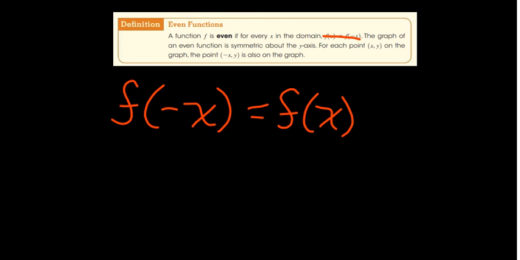Same thing, but it'll be so much easier to memorize. This is an even function: when you plug in a negative x value for x and then get back the original function, you have an even function. Now again, I know those are words that don't mean much to you, and we'll definitely do examples of that here in a moment.